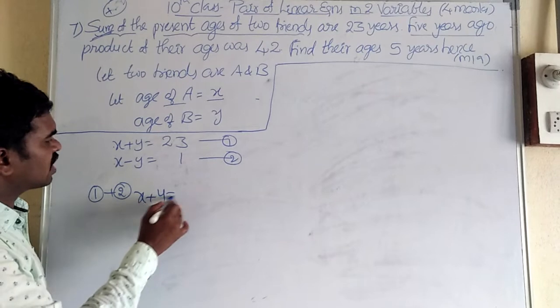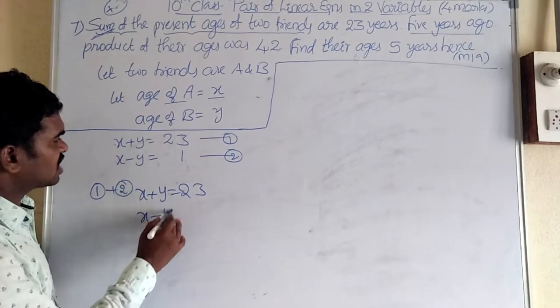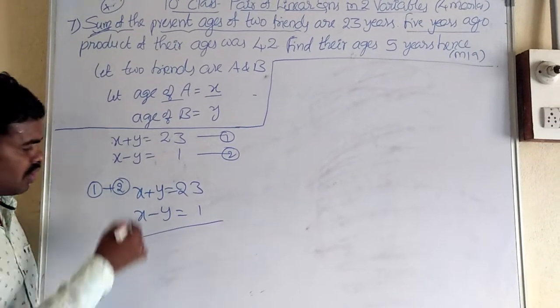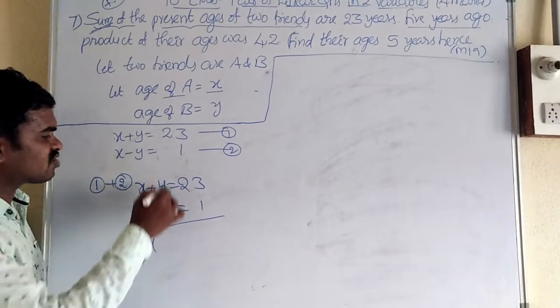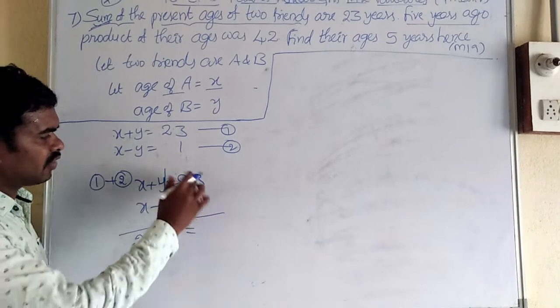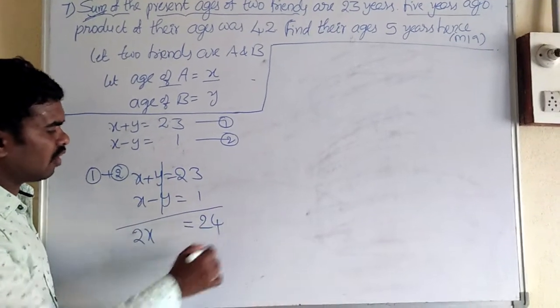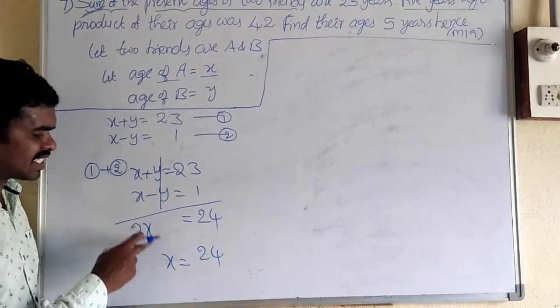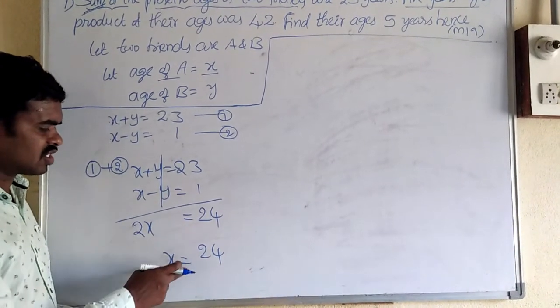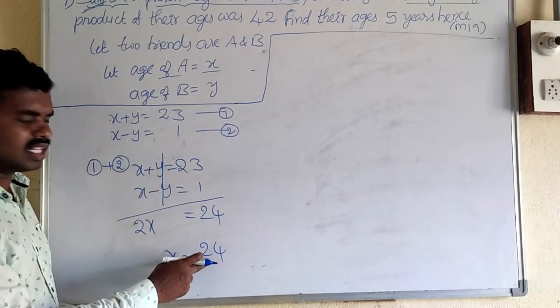First one is x plus y equal to 23. Second one x minus y equal to 1. Adding both: x plus x is 2x, y minus y cancel, and 23 plus 1 is 24. Next, 2x is equal to 24.